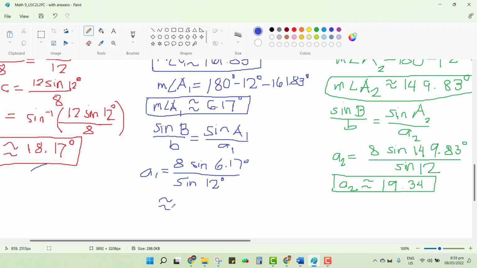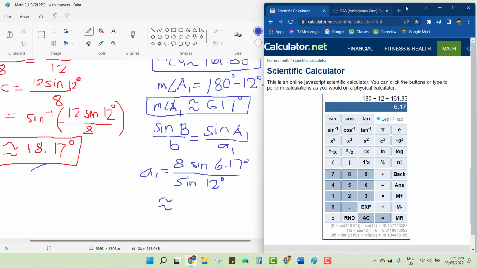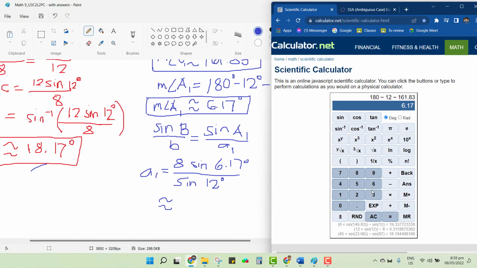So AC is 8 sine 6.17 divided by sine 12. That's 4.14.